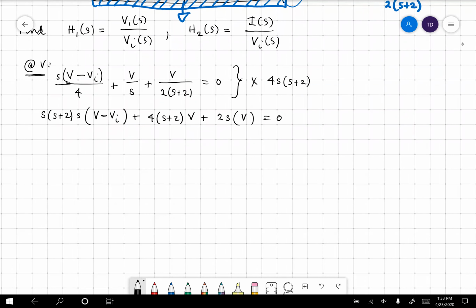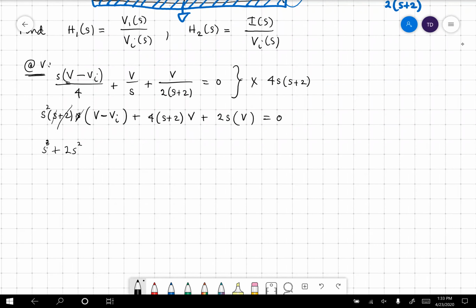Okay, so cleanup time. All the V's. This is S squared. There, that's S squared. So there's an S cubed. S cubed, took care of that. There's a 2S squared. I don't see anything else. That's an S squared. So S cubed plus twice S squared.